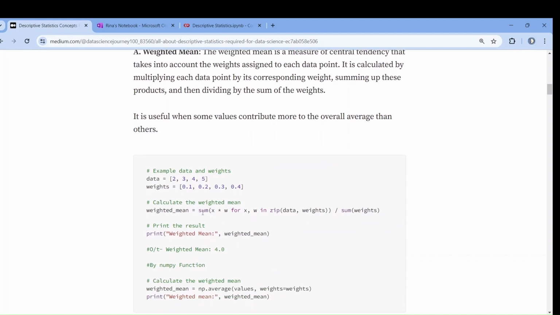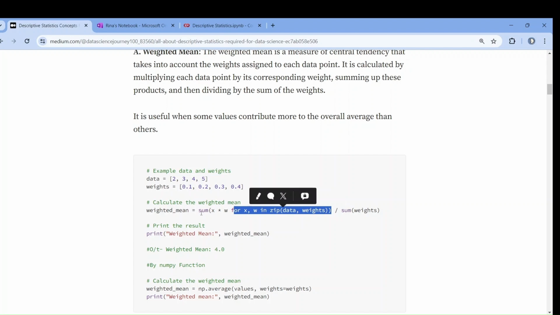Okay. So here I have simply written code: for x, w in zip(data, weights). The zip function will consider the first value of data and the first value of weights. So x will be 2, w will be 0.1. After it is assigned, they will be multiplied, x into w. Then it will sum all the products and divide it by the sum of the weights.